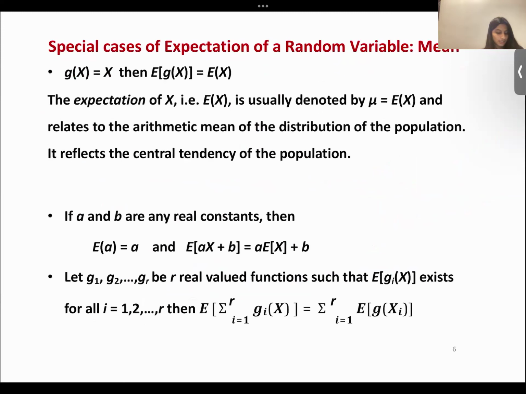And when you have a constant number, it comes out of your equation. Like e of x could be some function, and e of ax is just a multiplied by e of x. That's what this slide summarizes.